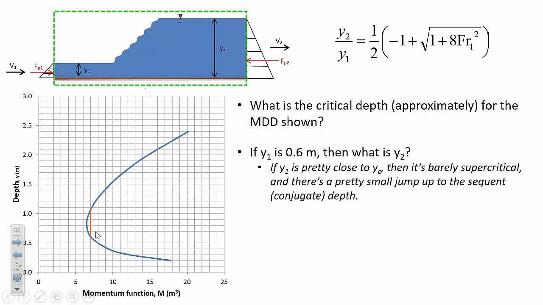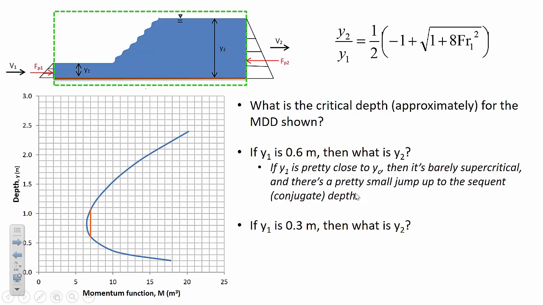Remember that the region below the critical depth is the supercritical region of a momentum depth diagram, and the region above the critical depth is the subcritical region. So if the flow depth is 0.6, then the Froude number probably wouldn't be very high because the two depths are relatively close together. So the jump height is small, and we could say that it's barely supercritical.